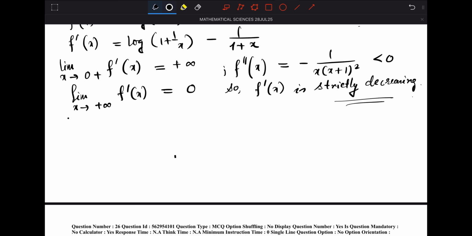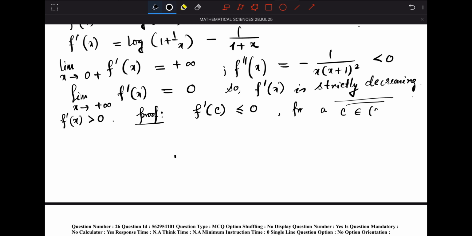So I claim that this will imply f'(x) is greater than 0. Proof. Let us assume f'(c) is less than or equal to 0 for some c belonging to 0 to infinity.